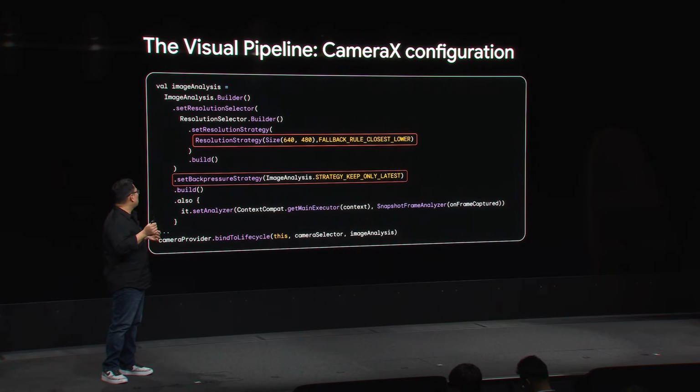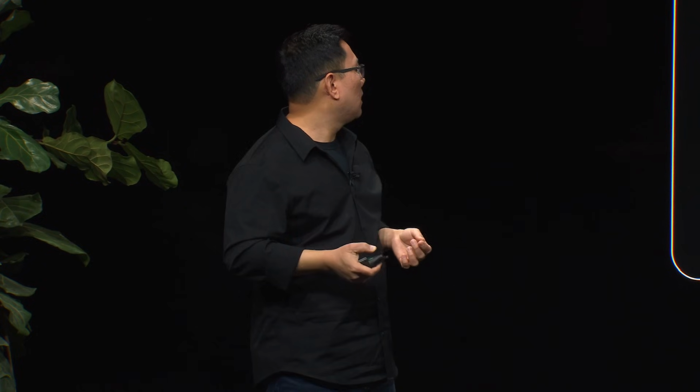Second, we use the strategy keep only latest. This is vital for real-time AI. If our analysis logic falls behind, perhaps because our network is slow or our device is under load, we don't want to process the old frames.